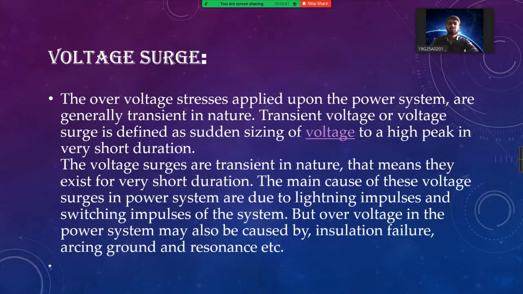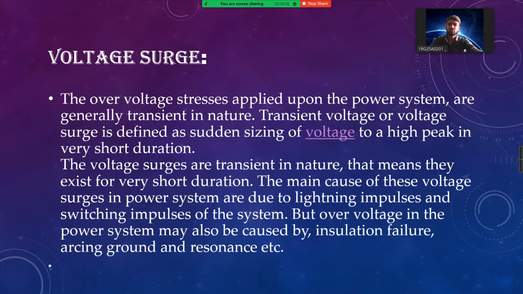This means the overall voltage stresses applied upon the power system are generally transient in nature. Transient voltage or transient surge is defined as a rise of voltage to a high peak in very short duration. These voltage surges are transient in nature, that means they exist for a very short duration.